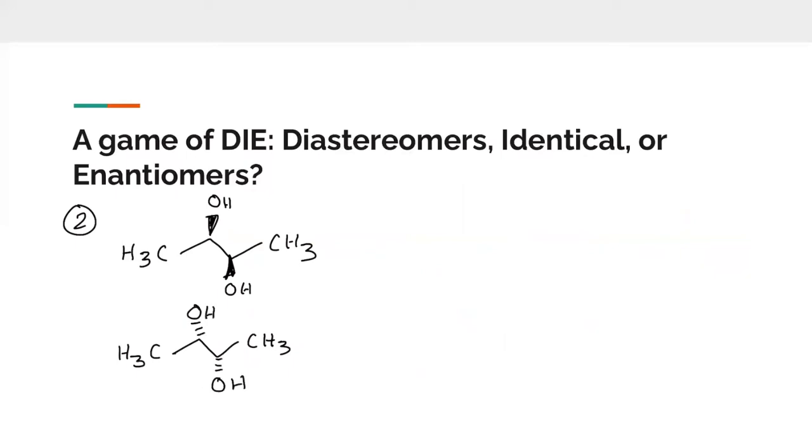Just similar to before, we can do the same thing, where we try to arrange this so that we can look at these molecules in a way where it's easy to tell if there's a plane of symmetry.